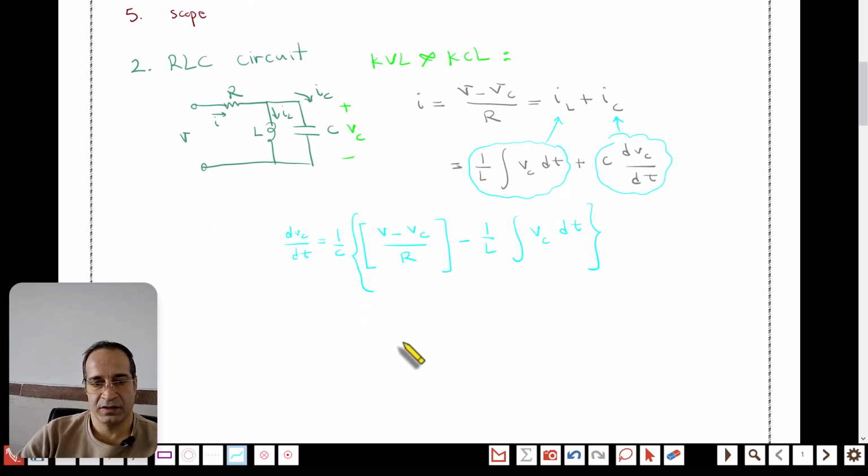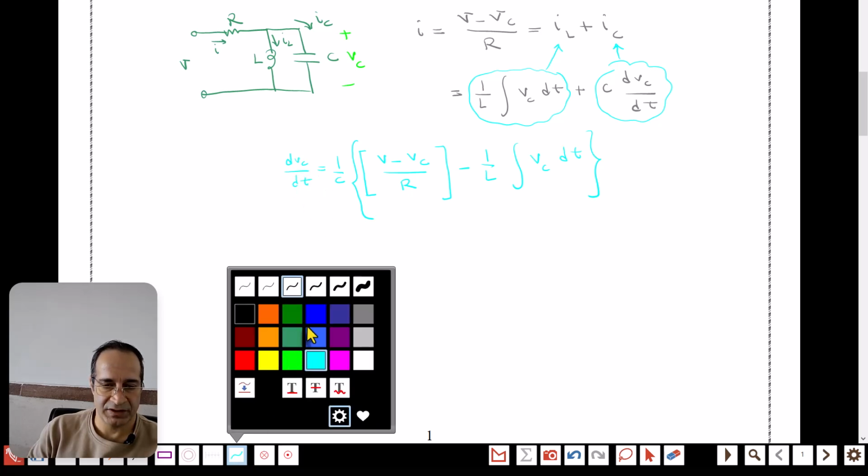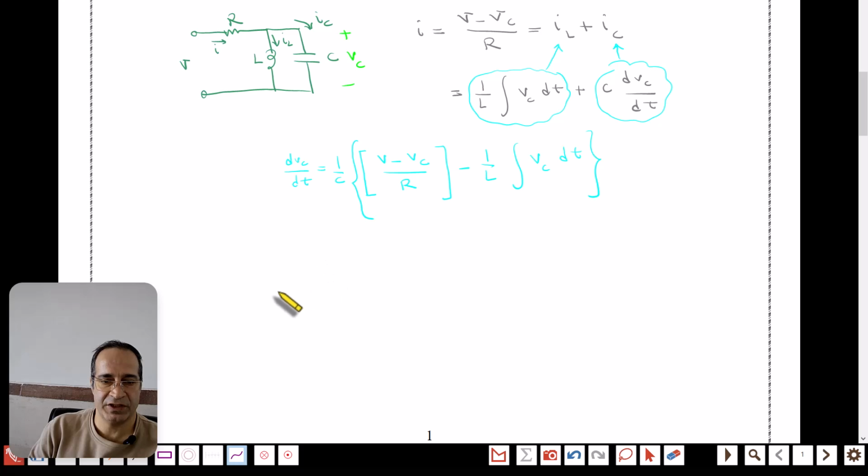Let's draw the necessary blocks in MATLAB. First, imagine I have dVC over dt. If I use an integration block, 1 over S, I can get VC.